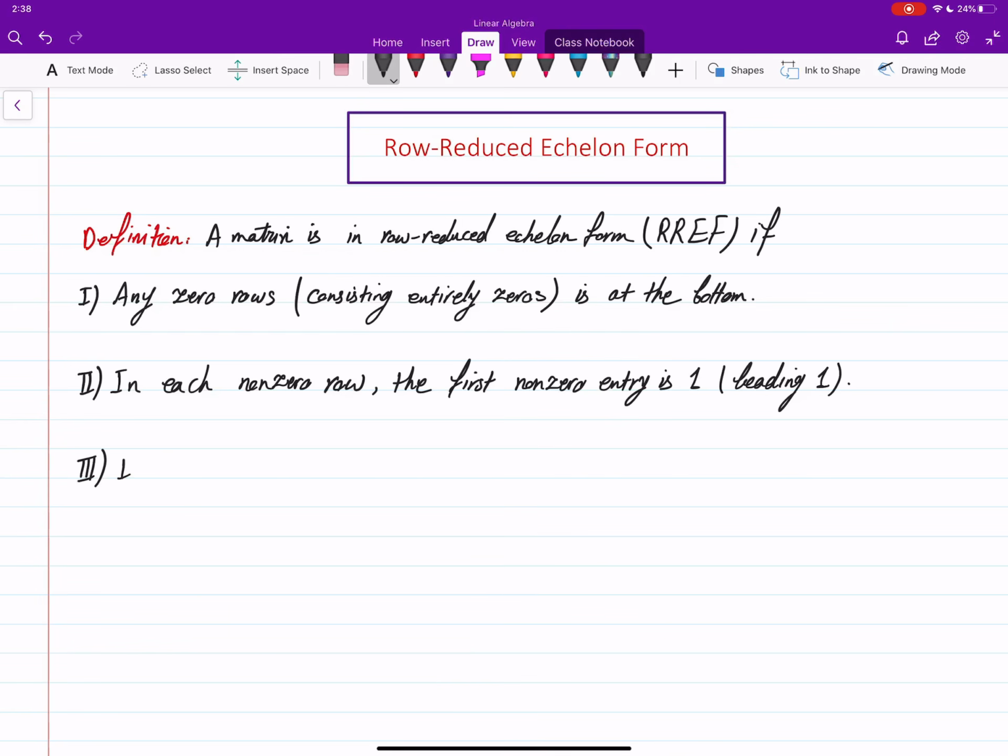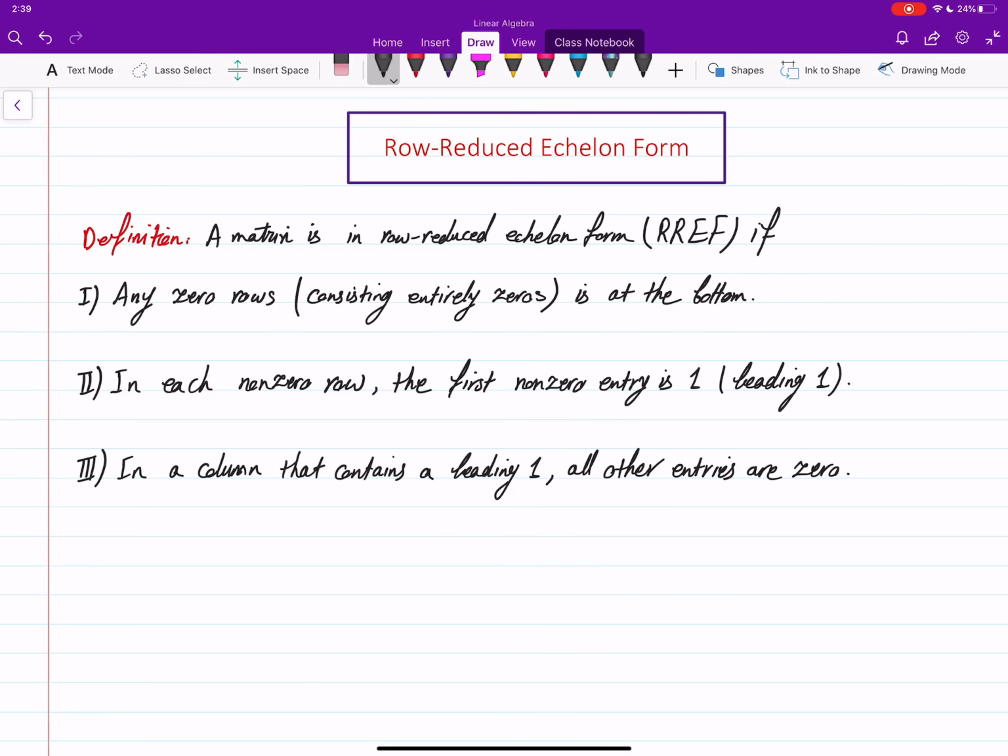So in a column that contains a leading one for some row, all other entries are 0. So everything above the leading one and below the leading one must be 0 in the column.